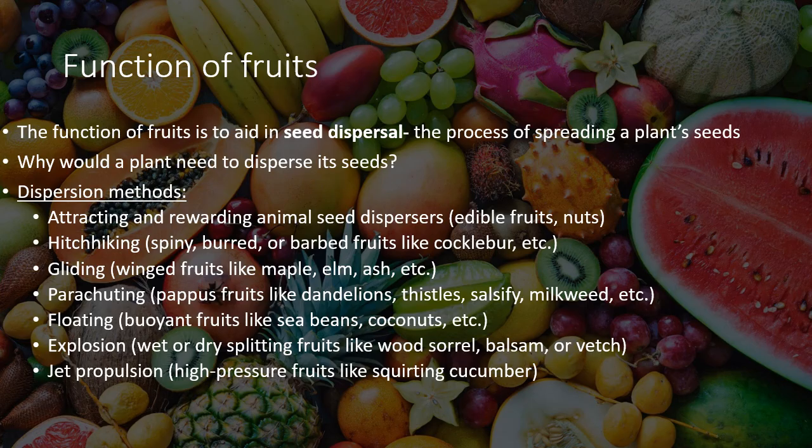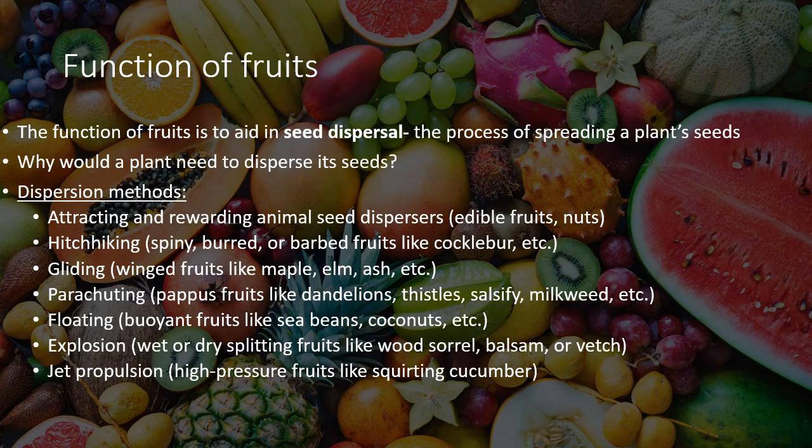A couple different ways that plants accomplish this is by attracting and rewarding animal seed dispersers. An animal can come and eat the fruit, ingest the seeds, and then walk away, fly away, run away, and defecate the seeds out farther away from the mother plant.